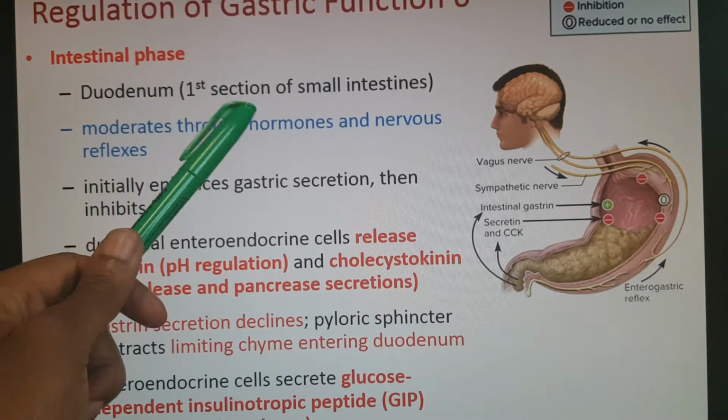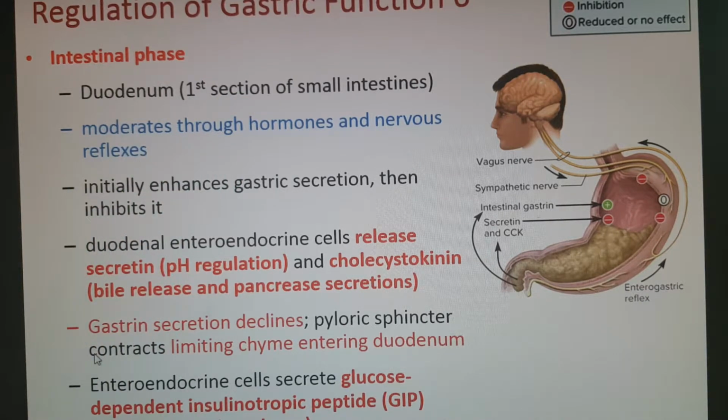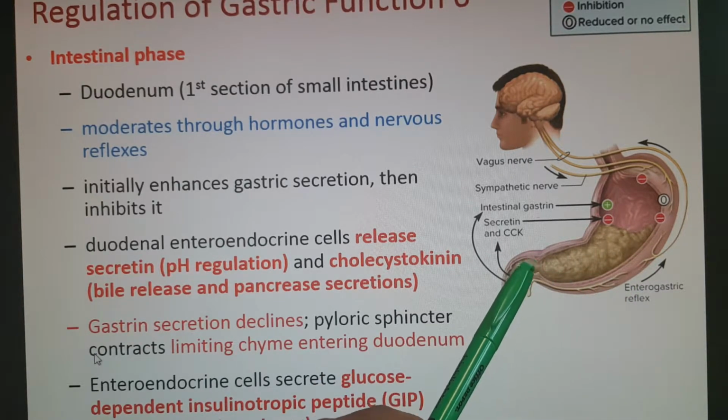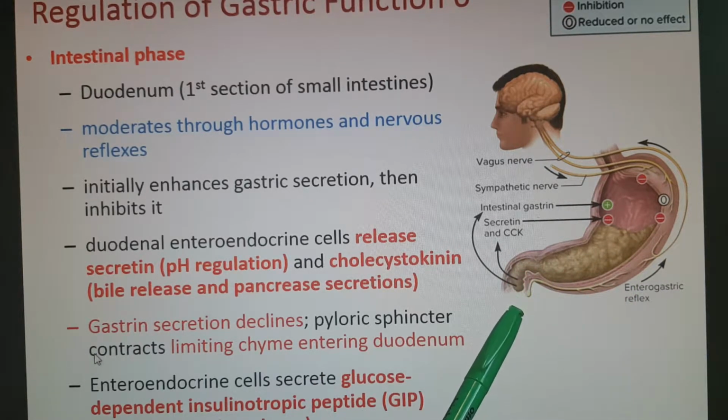So through different hormones as well as different nervous reflexes helps to release secretin. So as you have this high acidic environment in your stomach, and then as this chyme starts to flow into your small intestines, it needs to be neutralized.